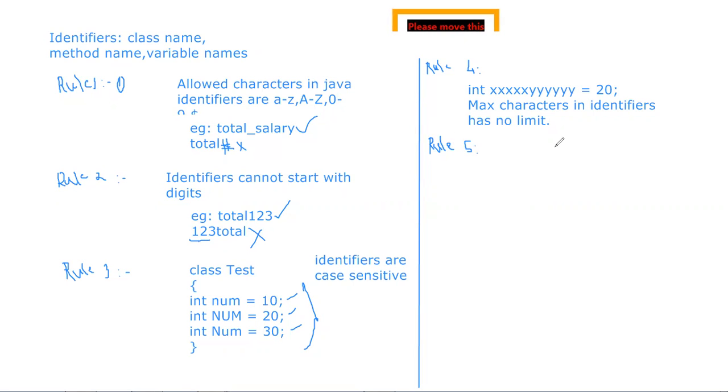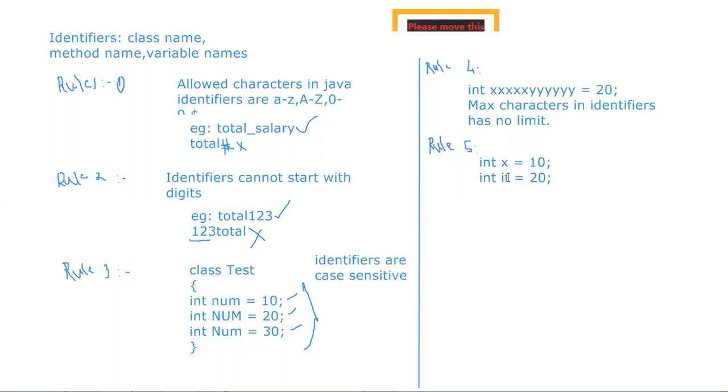Let me give an example. As you all know, int x is equal to 10 and int if is equal to 20. You can see that x is a valid identifier, so I can use this.